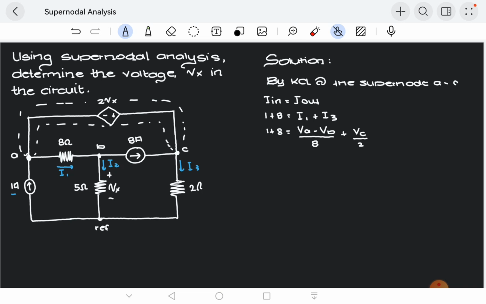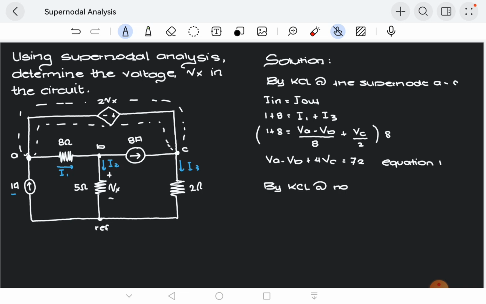So we rearrange the equation: we multiply by 8 and write VA minus VB plus 4VC equals 9 times 8, which is 72. This is our equation 1.